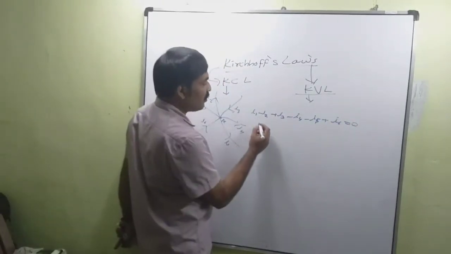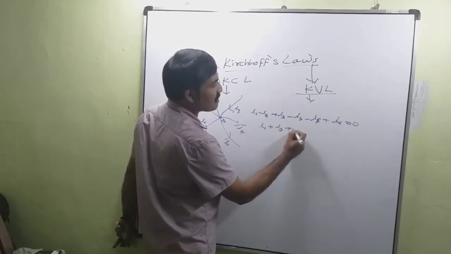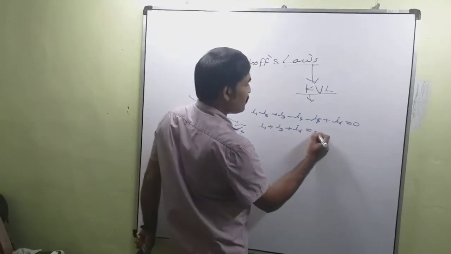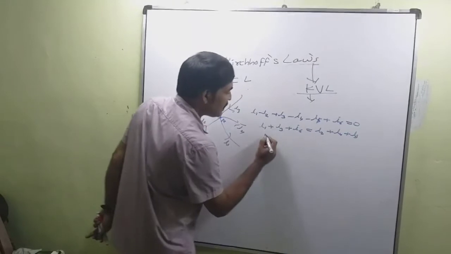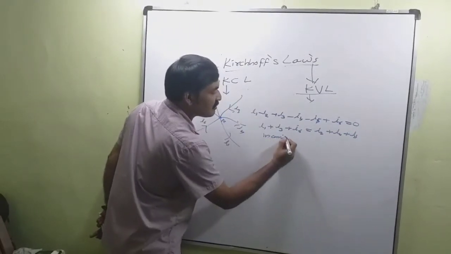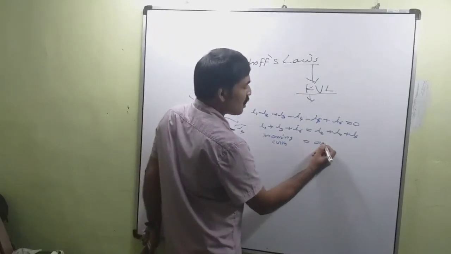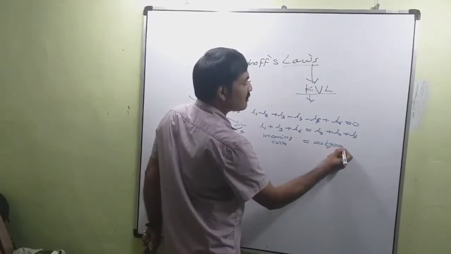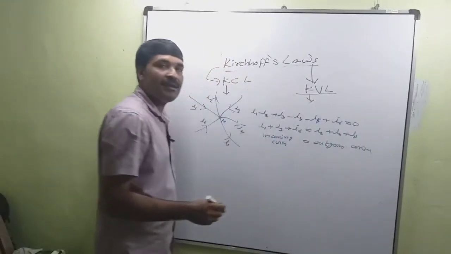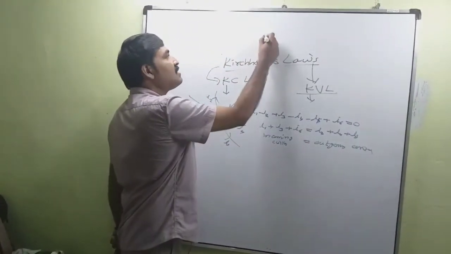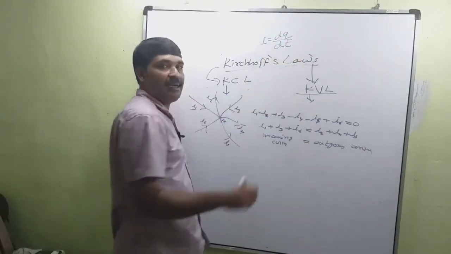Now we can write I1 plus I3 plus I6 is equal to I2 plus I4 plus I5. That is, incoming current is equal to outgoing current.